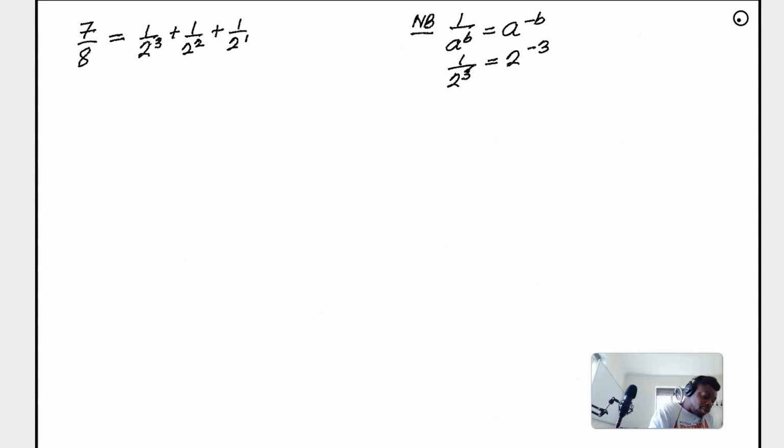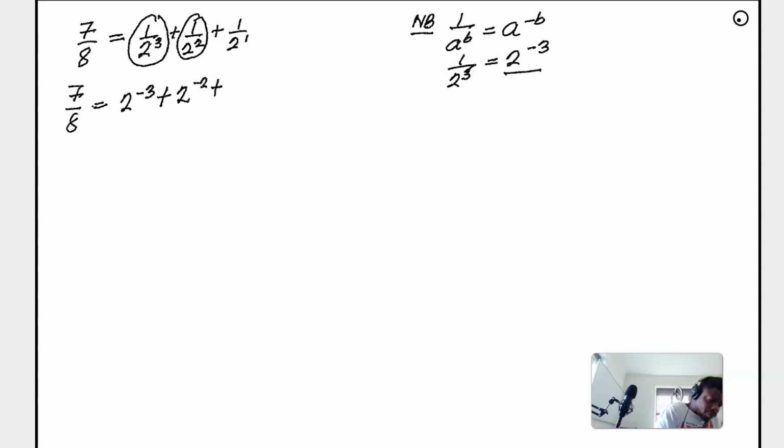Now, this is it. 7 over 8 is equal to, you already know that this one here is the same thing as 2 raised to minus 3. This one here is the same thing as 2 raised to minus 2. And this one here is the same thing as 2 raised to minus 1.